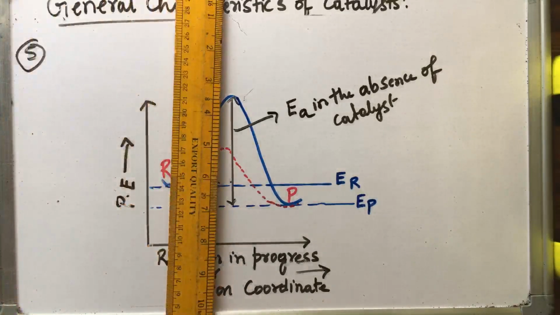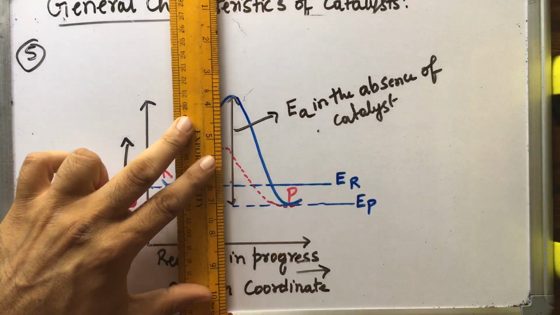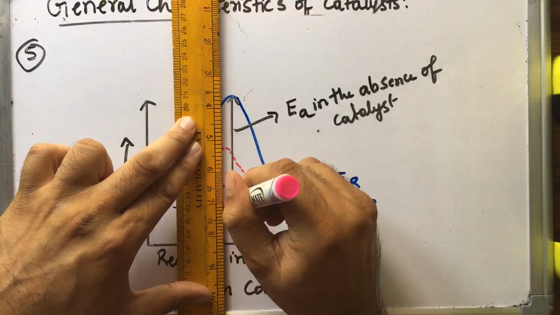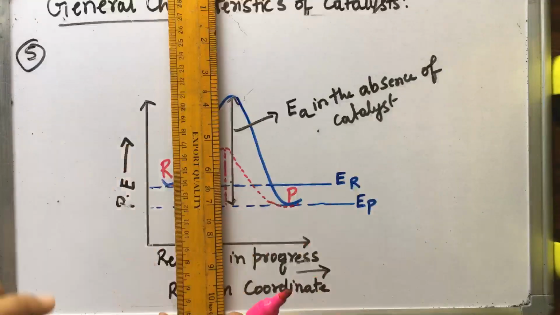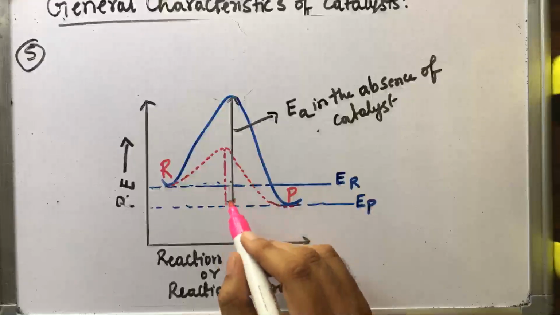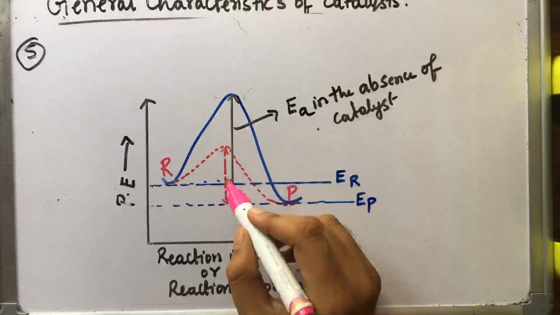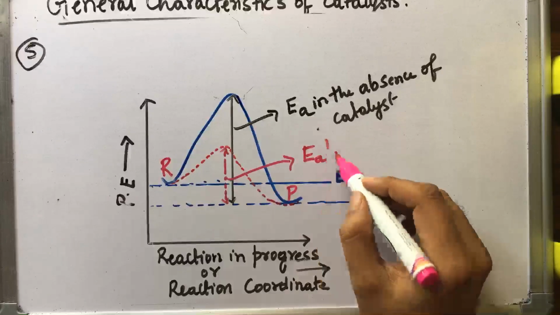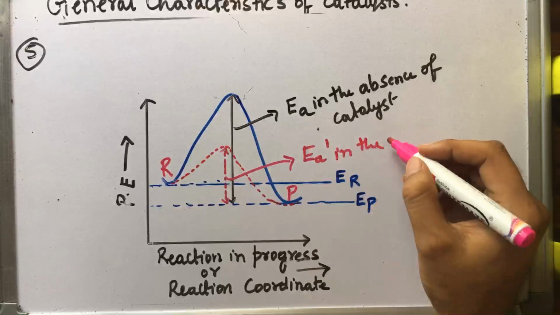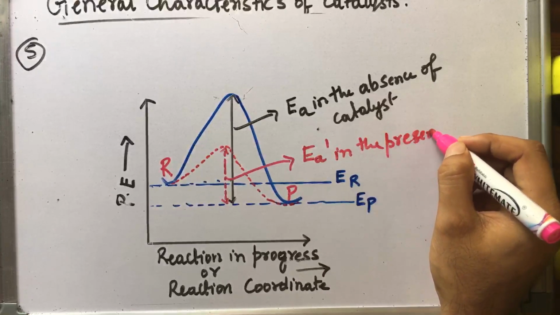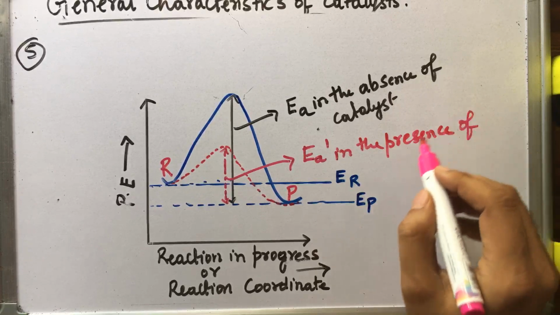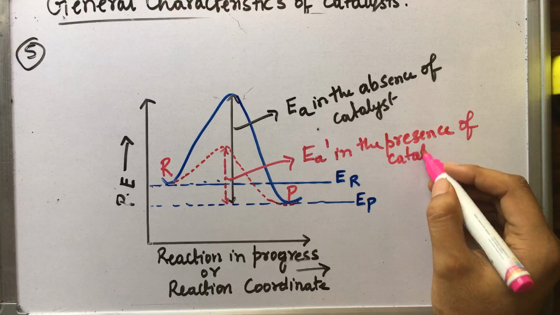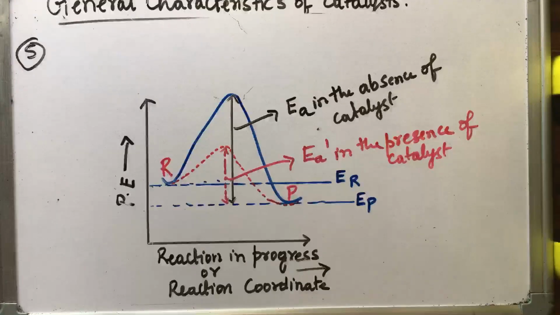Let me write it here, EA dash, activation energy in the presence of catalyst. Is it clear, students? Now you can see the energy difference between the reactant and the product.